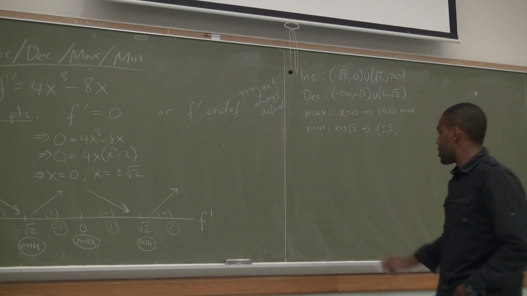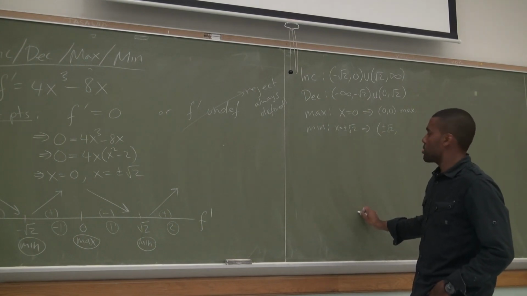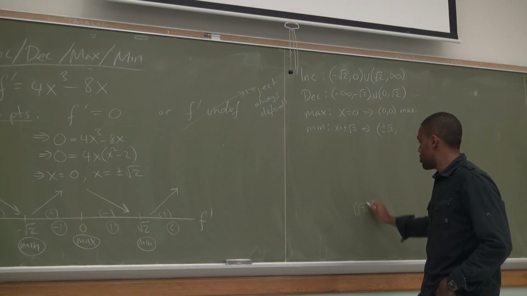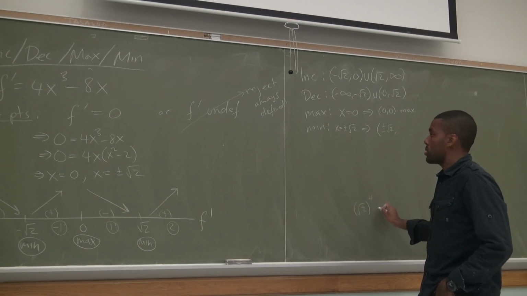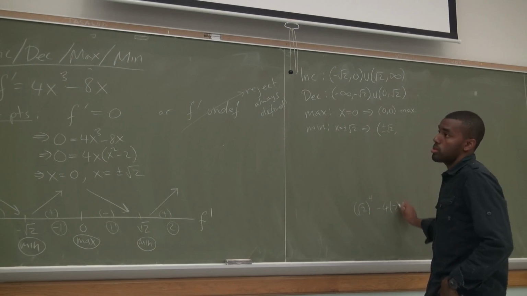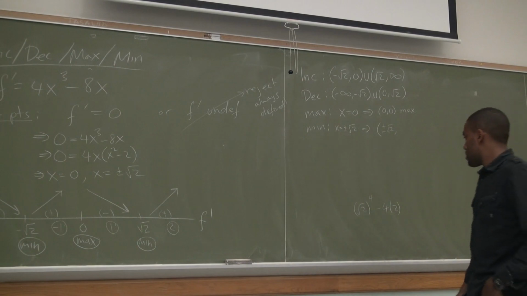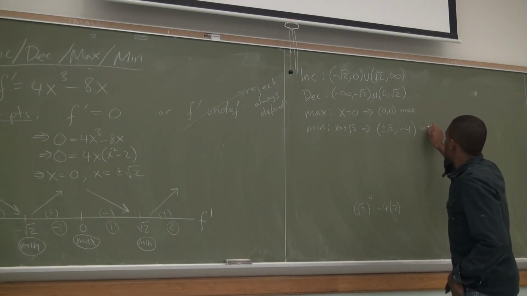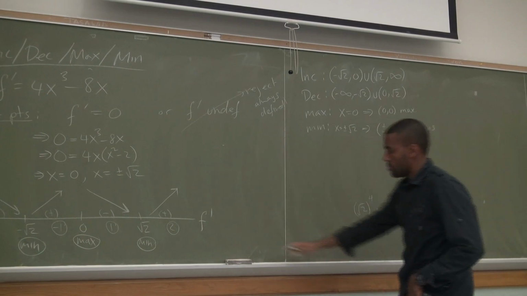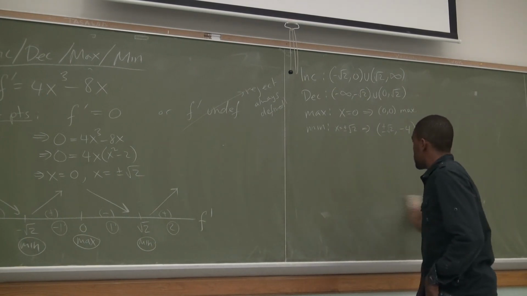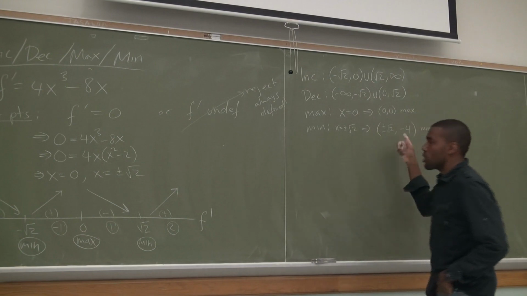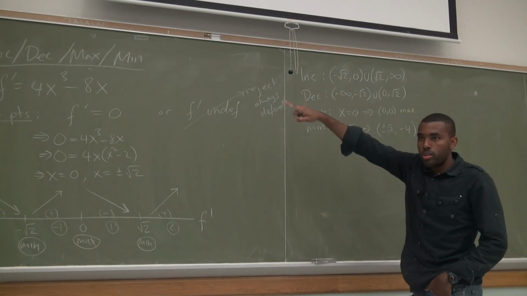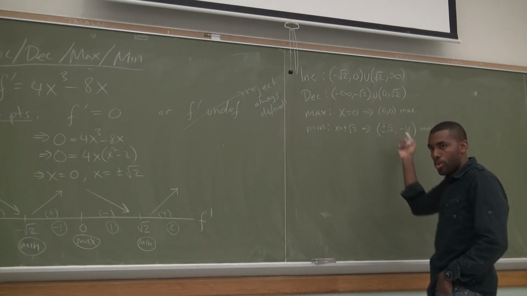Radical 2 to the fourth is 4, minus 4 times radical 2 squared, which is minus 8, so it's minus 4. These are our minimum points. And notice for the coordinates, I plugged it into the original function. The original function gives you coordinates.